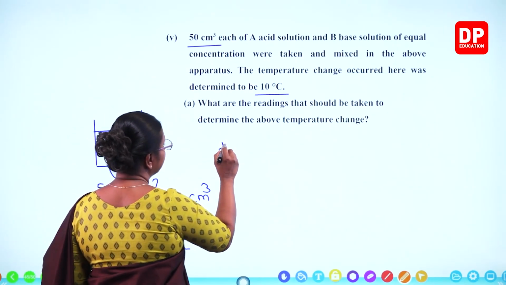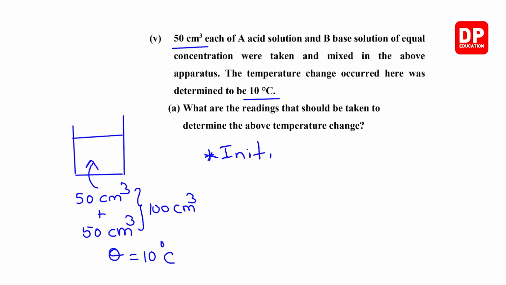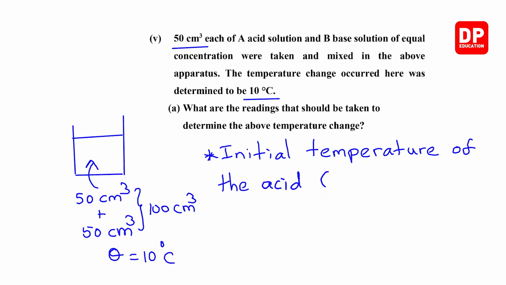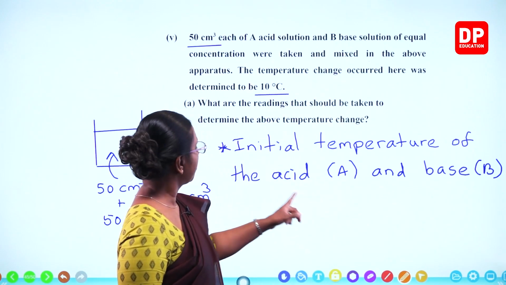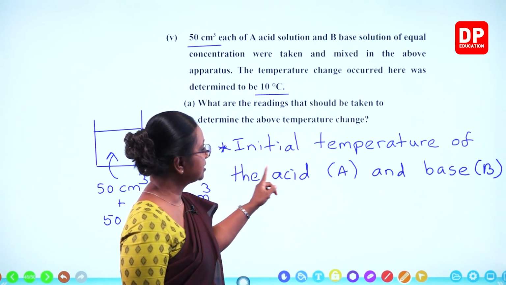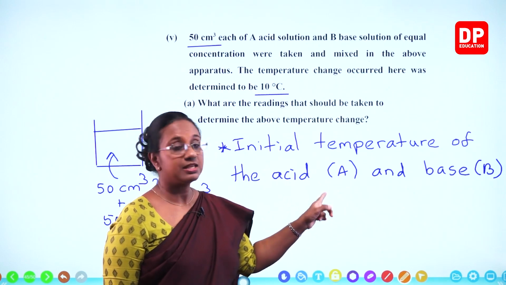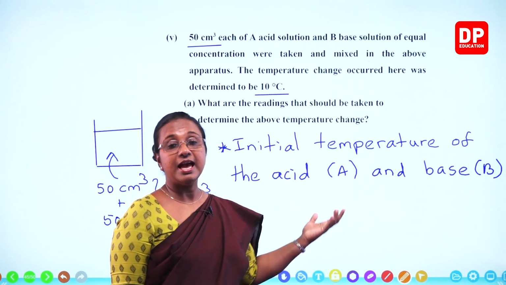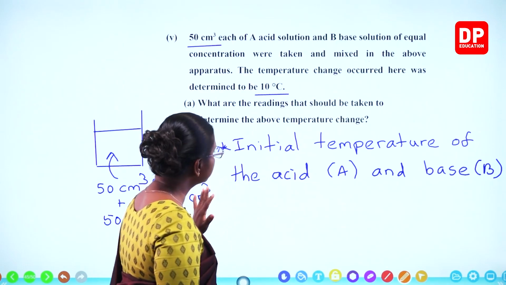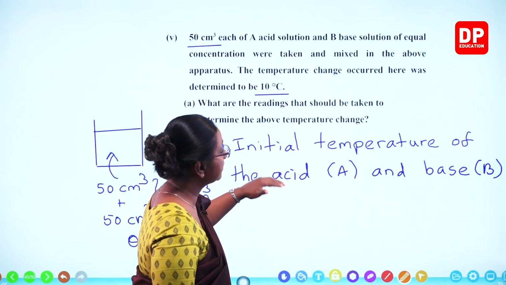So one thing, we need the initial temperature of the acid, or you can say A, and base, or you can say B. You can say initial temperature of the acid and base, or you can say the initial temperature of the solution A and solution B, or acid A and base B. Anything is fine, as long as you have to say that it is the initial temperature of both.